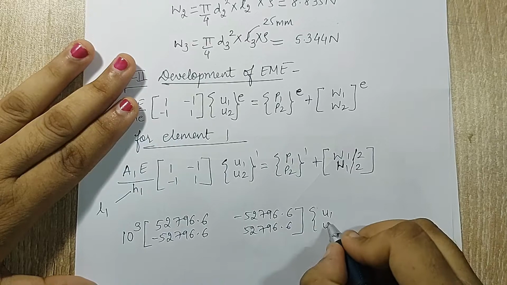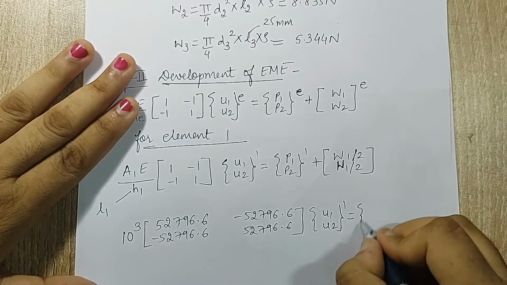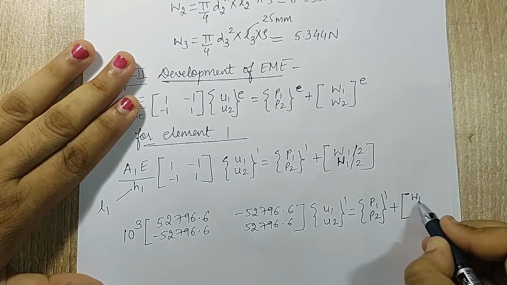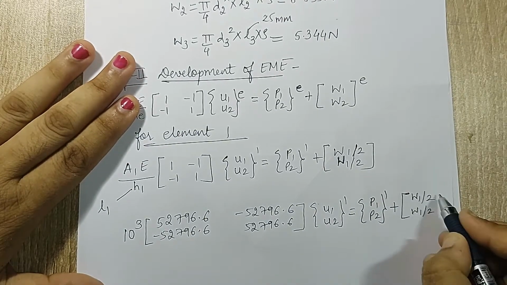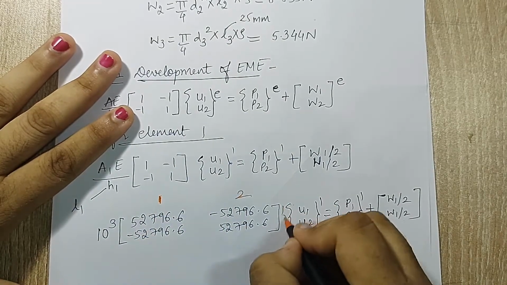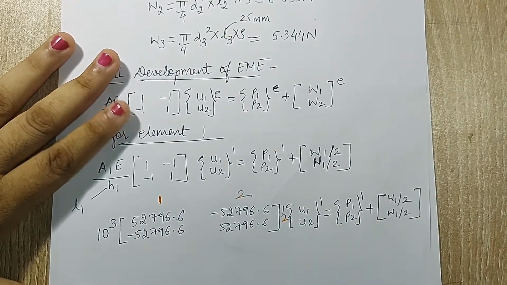Here I have U1 U2 raised to 1 is equal to P1 P2 raised to 1 plus W1 by 2, W1 by 2. Element 1 is between node 1, 2. So I'll write here 1 2, 1 2.